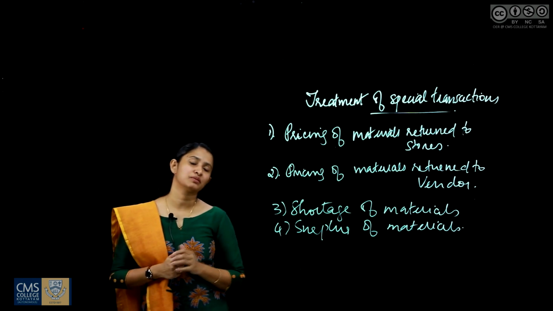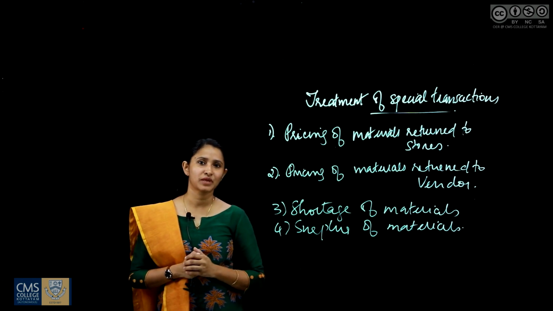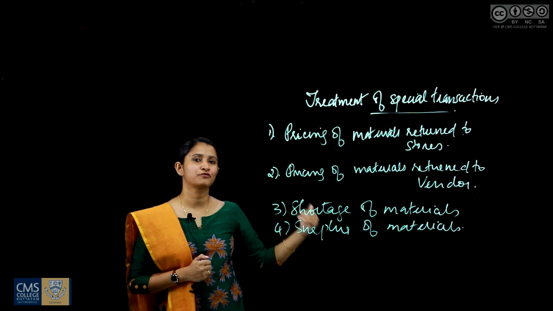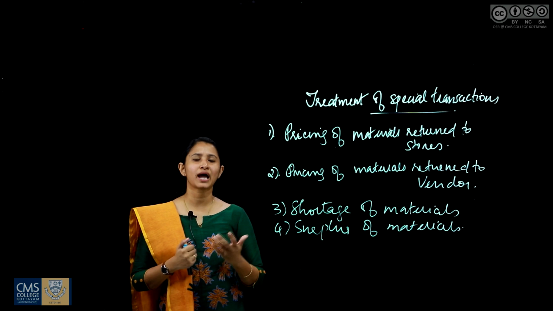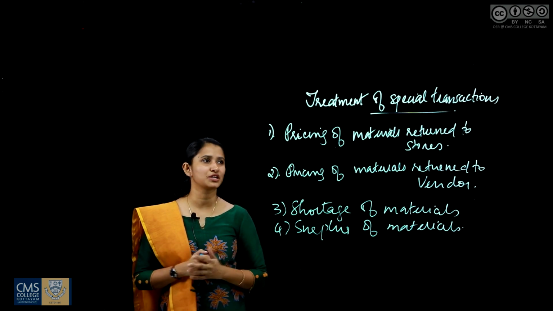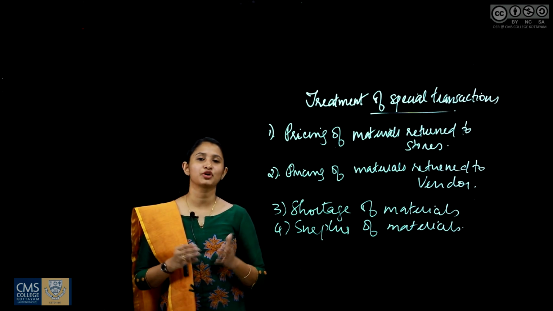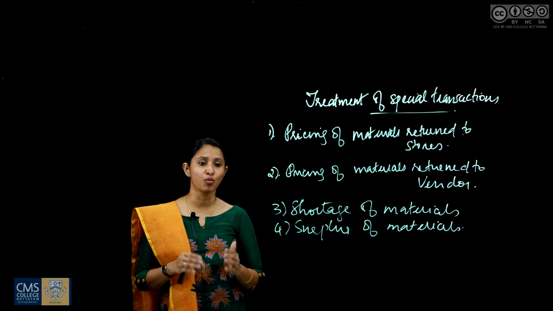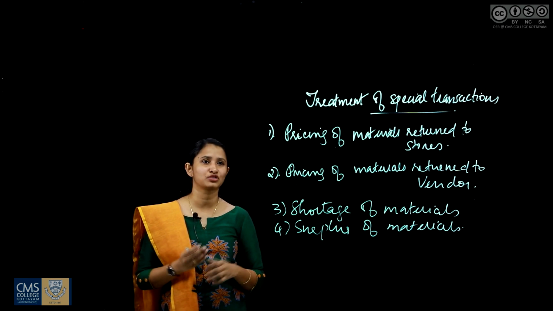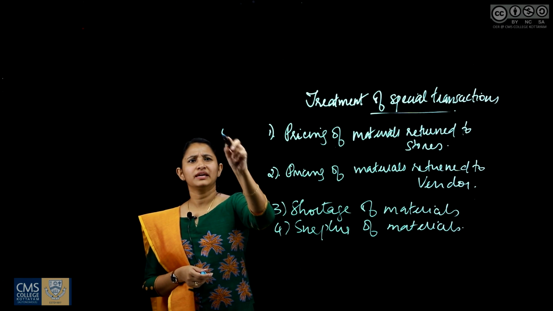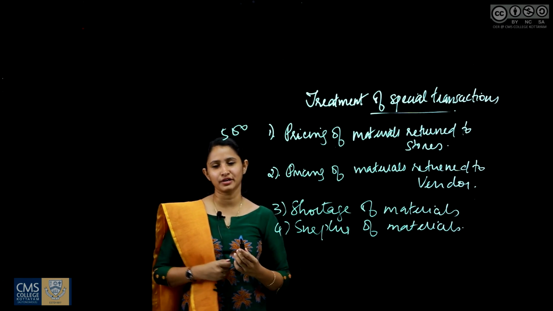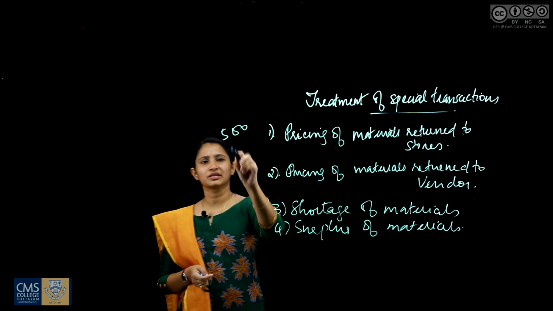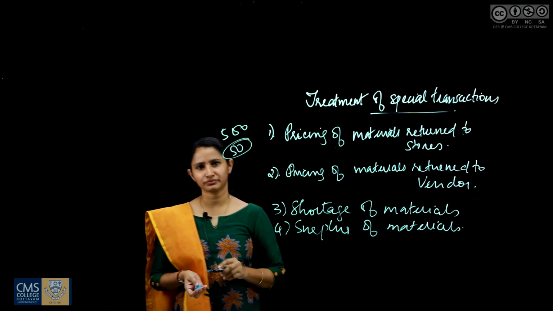And whenever the production department asks for raw materials, we issue raw materials from the stores to the production department. But what happens many a time in real situations is that sometimes the production department would have asked for more units than what they actually require. For example, they asked us for 500 units, but they did not require 500 units for some reason, so they returned us back 50 units.